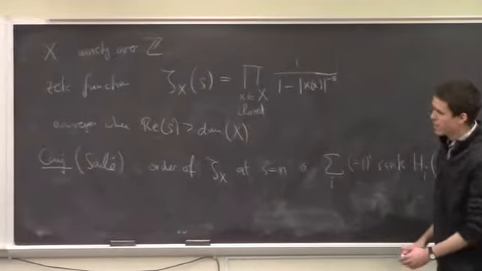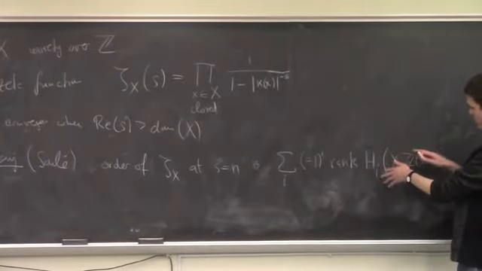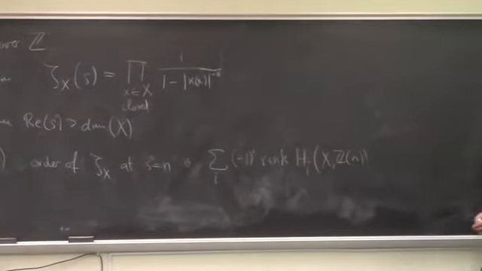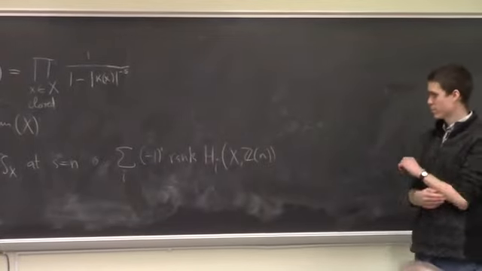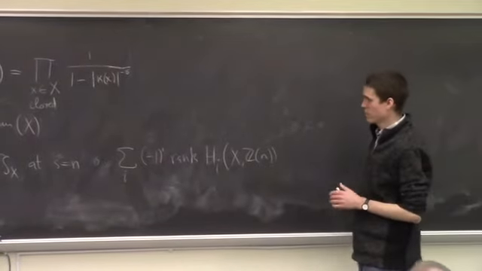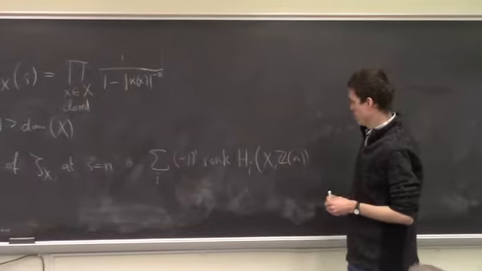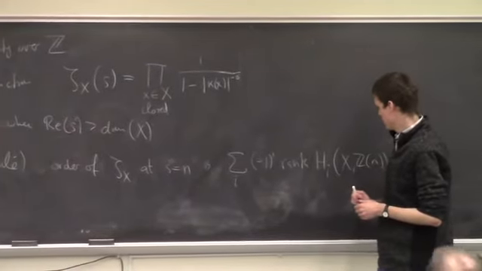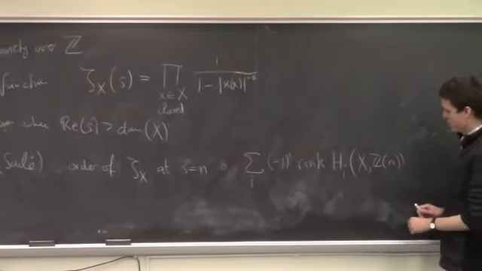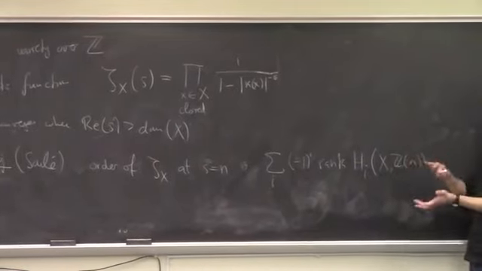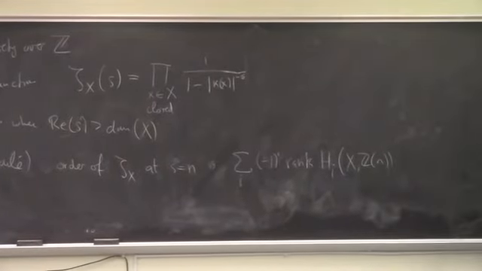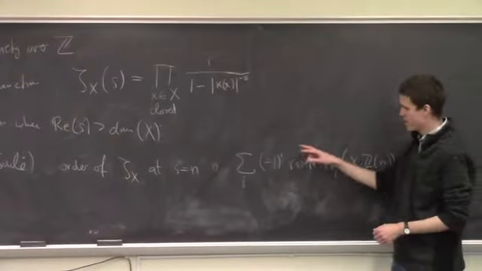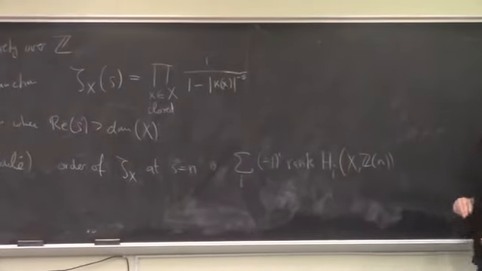If I wanted to put cohomology here, I'd have to change the indices. There's going to be a Poincaré duality between homology and cohomology, so the expression just becomes more complicated if I use cohomology.